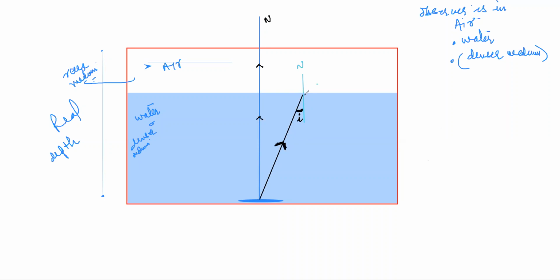Now what happens at this surface? Light suffers refraction from denser to rare medium. Denser to rare. Light will bend away from the normal. Away from the normal.